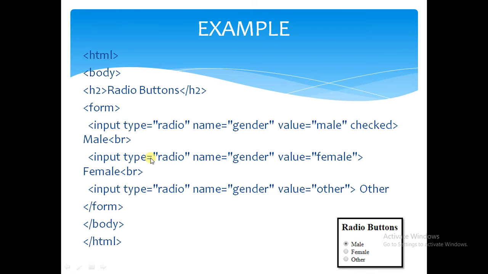After that, input type equal to radio, name equal to gender, and value equal to female. Female, this is the second radio button, and last, input type equal to radio, name equal to gender, and value equal to others, and this is the third radio button. Close form, body, and HTML tag.